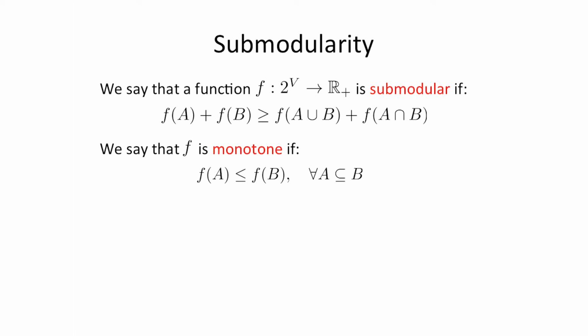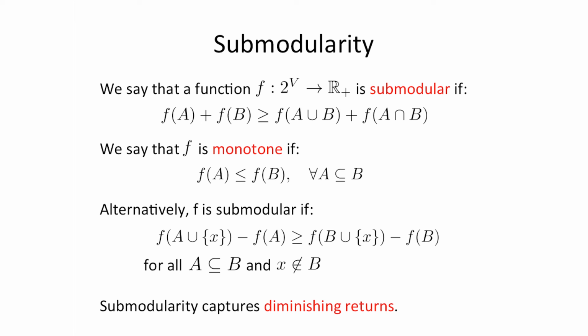Throughout this talk, I'll assume that the functions we're working with are both submodular and monotone until perhaps the very end. So think of the function being monotone, which means that if I look at a superset, my value should only increase. A perhaps more intuitive definition that I like more is that of diminishing returns, which is completely equivalent.